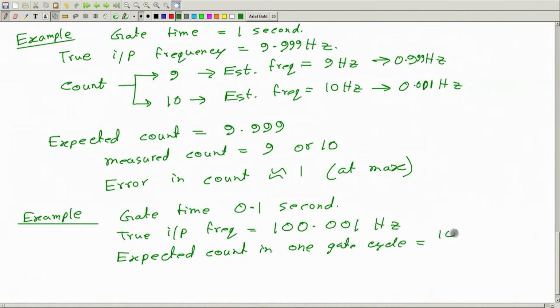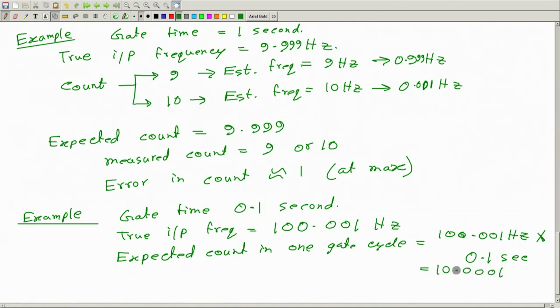This is the frequency, 100.001 hertz, multiplied with the time which is 0.1 second. This comes out to be 10.0001.